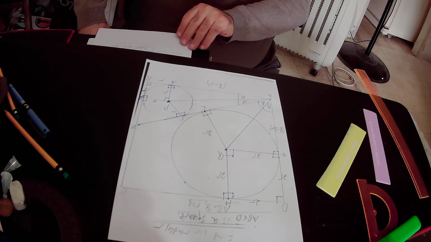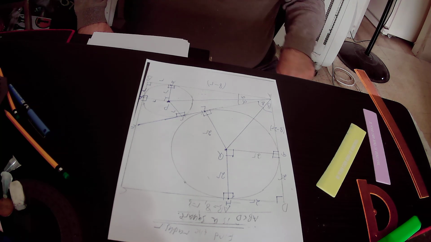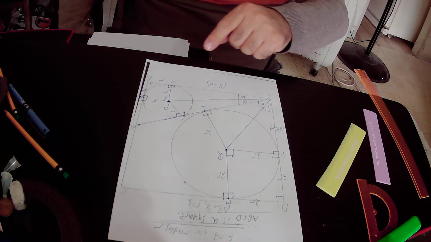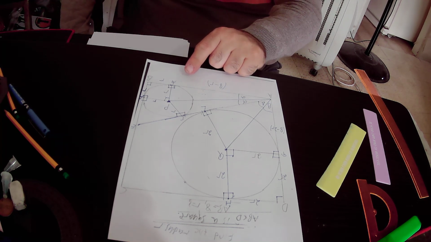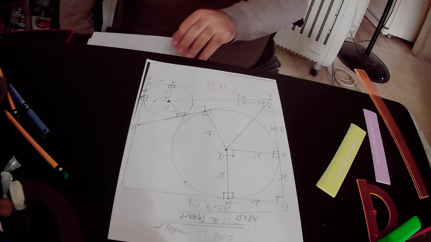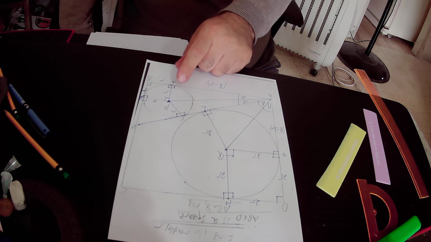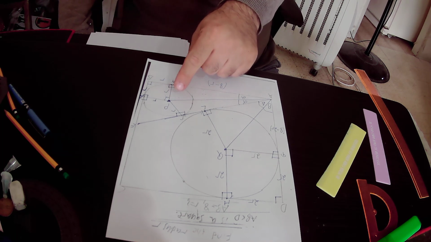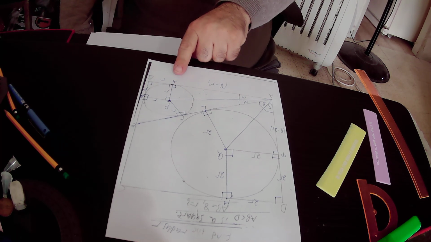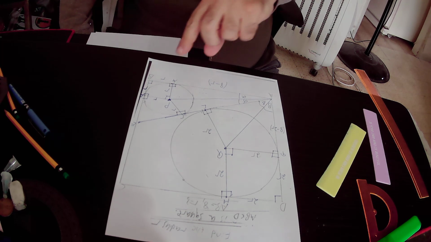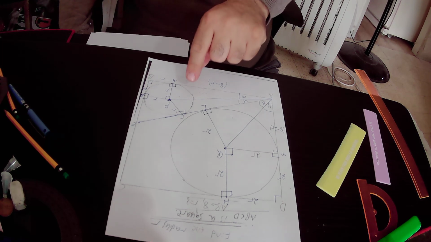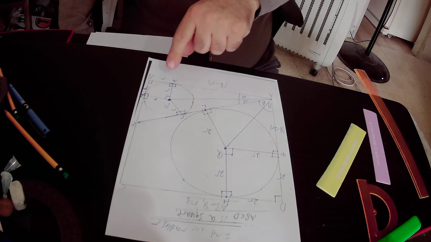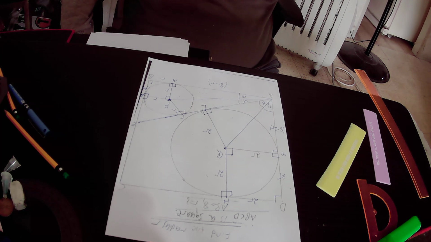And actually, according to rule number 1, because this radius is drawn to the point of tangency, then the tangent AB is perpendicular to this radius at point M. This is to say this angle is 90 degrees and this angle is also 90 degrees.